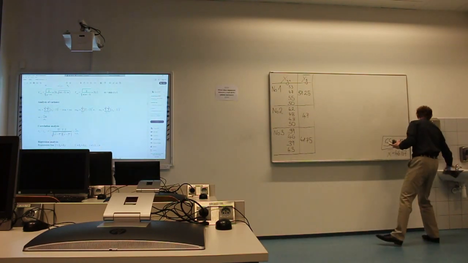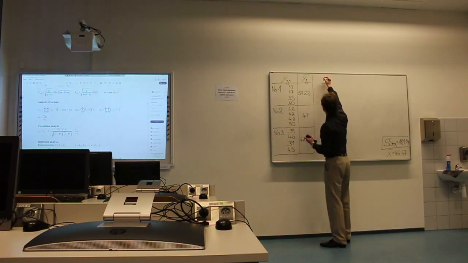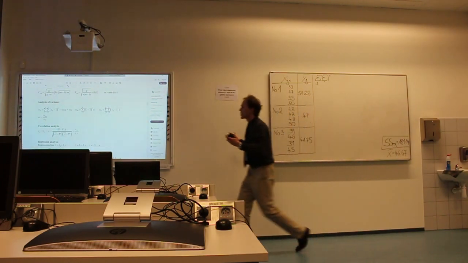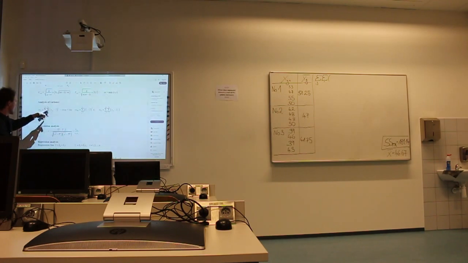Okay, and here on the top of the whiteboard there will be summation through all j, summation through all e, in parentheses squared differences between x_je and the total mean.